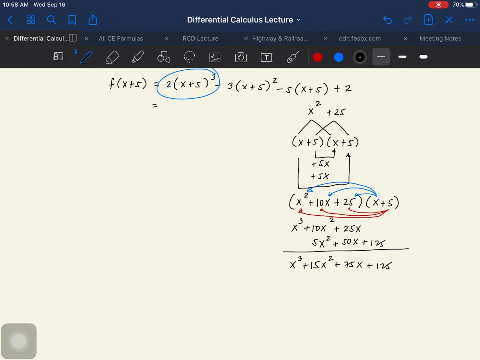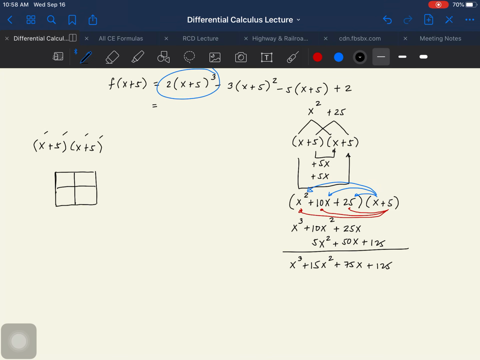Now there's another method we can use for this. They call it the box method. Why box method? Well, we will be using a box, obviously. So the concept here is if we are to multiply first x plus 5 and x plus 5, so we have there x plus 5 times x plus 5, right? So we have there a box consisting of 4 small boxes for these 4 terms.